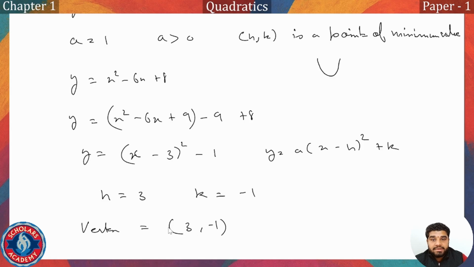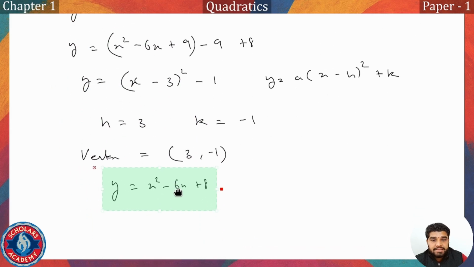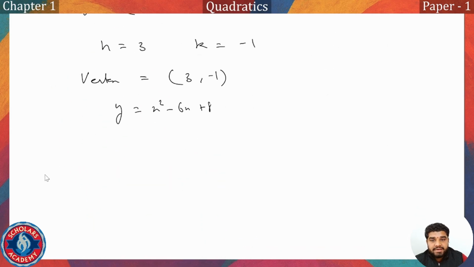We got the point of vertex, now the intersecting points with the x and y axis. So if I take y is equal to 0, what I get is x square minus 6x plus 8 is equal to 0. Product is 8, sum is negative 6, that is x square minus 4x minus 2x plus 8 is equal to 0.